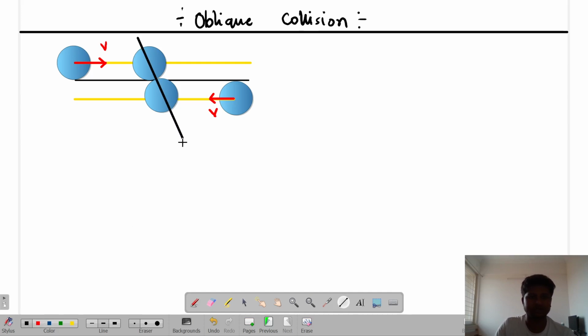Along this particular line. Now, this is my direction of normal on both the balls. Their velocities were along this side, but now their velocities will change and be totally different. So we call this the line of impact.